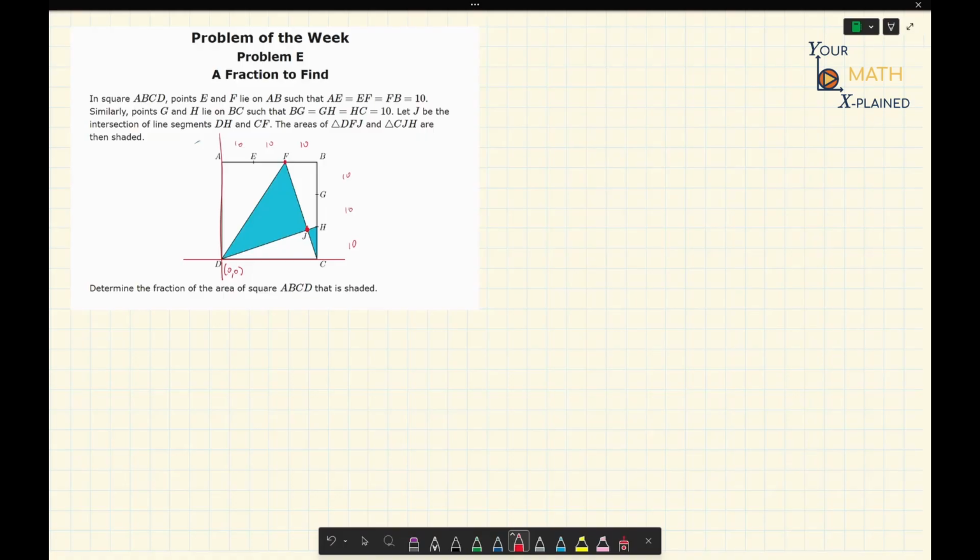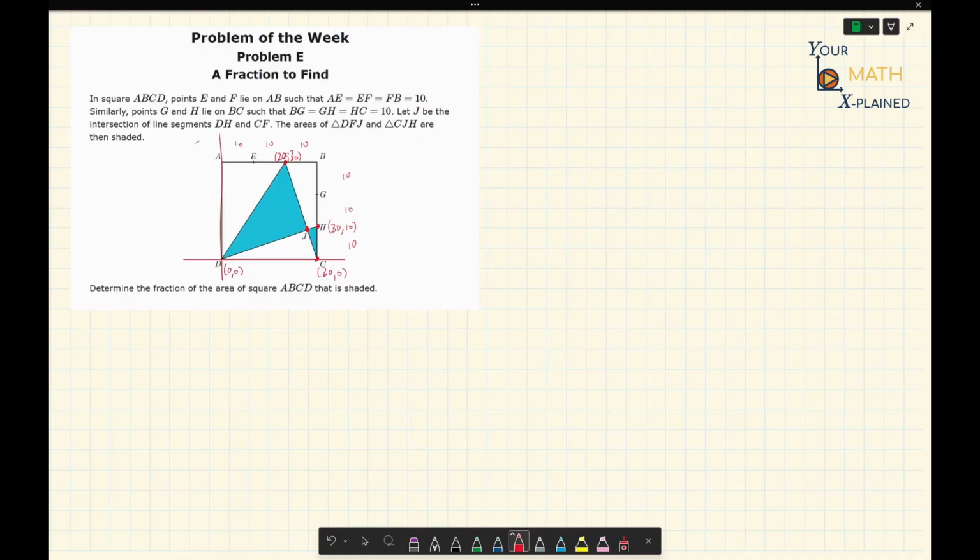Specifically, F here, that's going to be the coordinate 20, 30, and H would be 30, 10, and C down here, that would be 30, 0. And those are the three notable points so far because they are points that lie on the square.